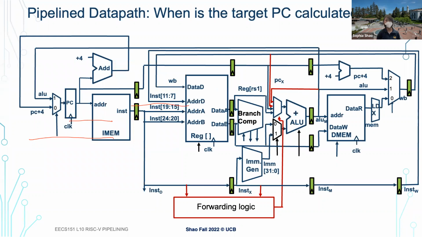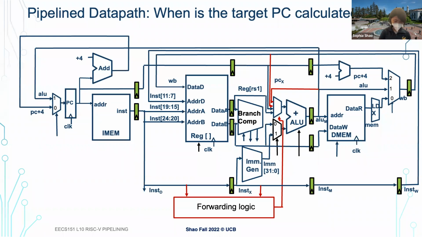This is the data path that we have seen so far. One thing we want to highlight is related to control. We need to figure out when the target PC is calculated. Let's say we do a branch instruction, which stage?